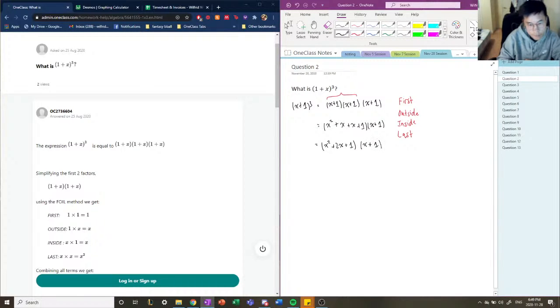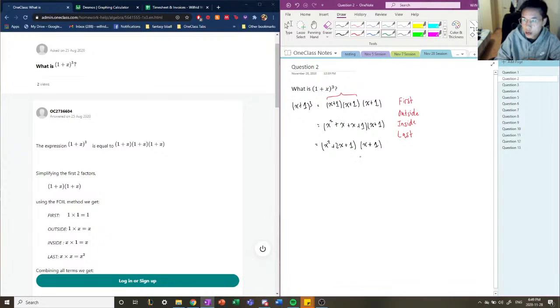We still have not fully expanded this because we still have this term. We're going to use our FOIL method, but it can only be correctly applied to two terms by two terms, because here we have 3 terms and 2 terms, so we can't label one as an inside term and one as outside.